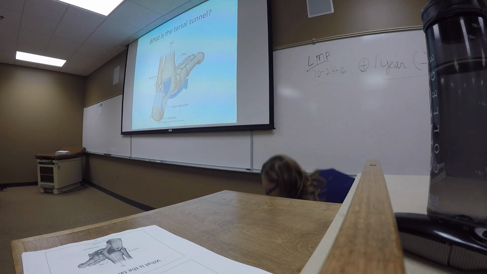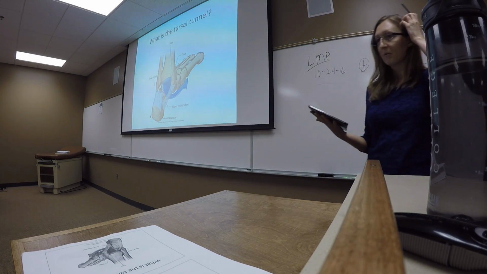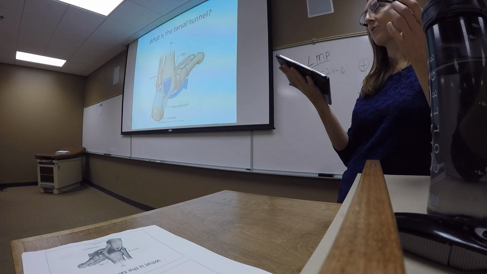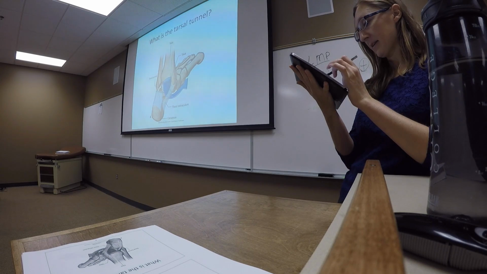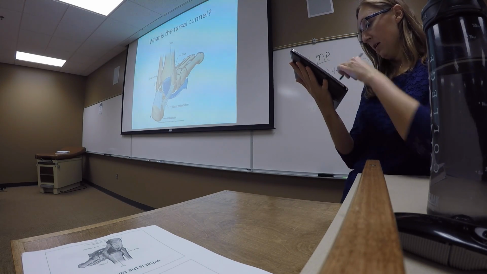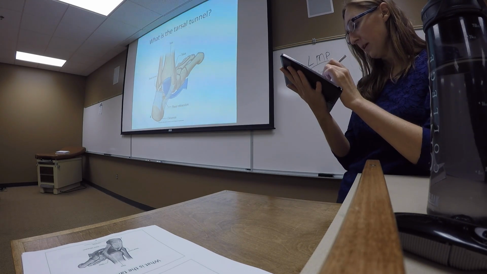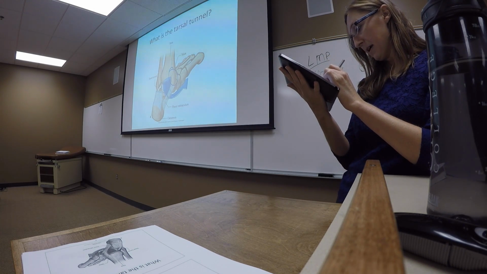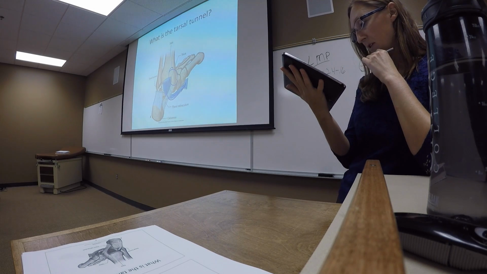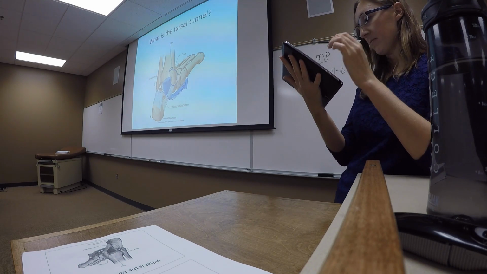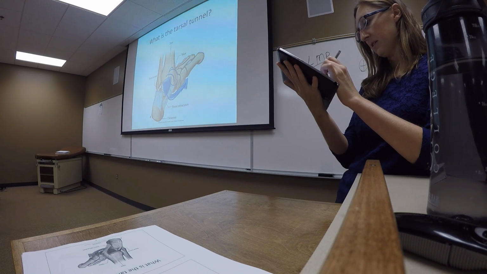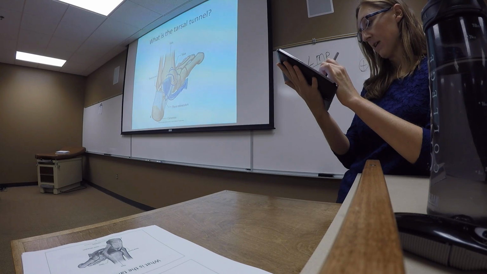So the tarsal tunnel, remember this is another one of those places where neurovascular structures are close to the surface. It passes underneath the medial malleolus here, and then tucks in down around the bottom of the foot, and is bordered by the tibia, that medial malleolus, the talus bone, and then this flexor retinaculum.